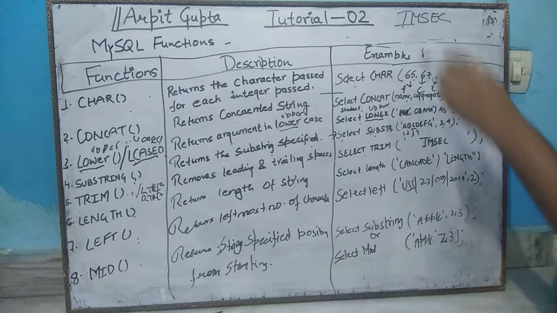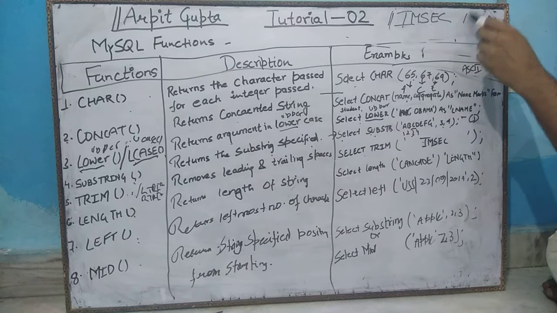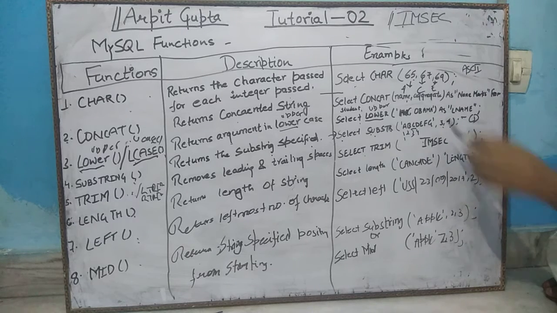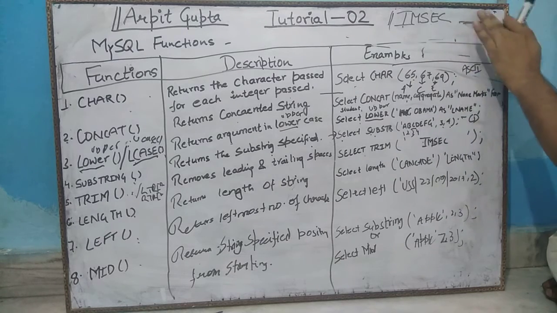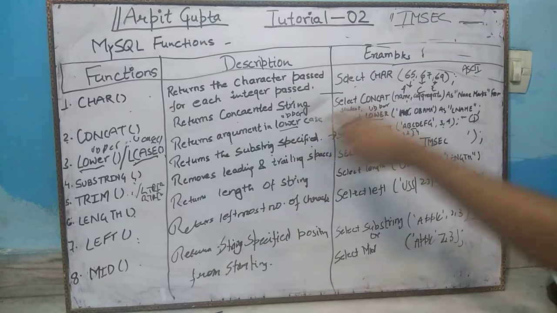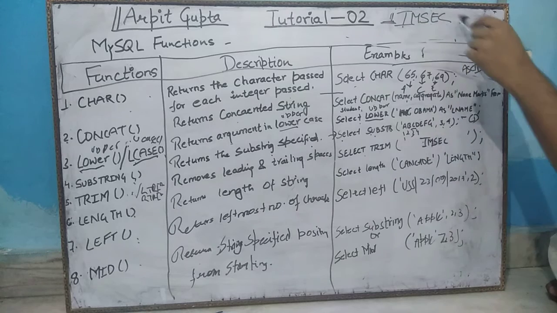L trim removes left spaces and R trim removes right spaces. For example, with L trim the output is IMSEC with the space available on this side, and if R trim is used, then the space is available at this side and the string is concatenated from here.